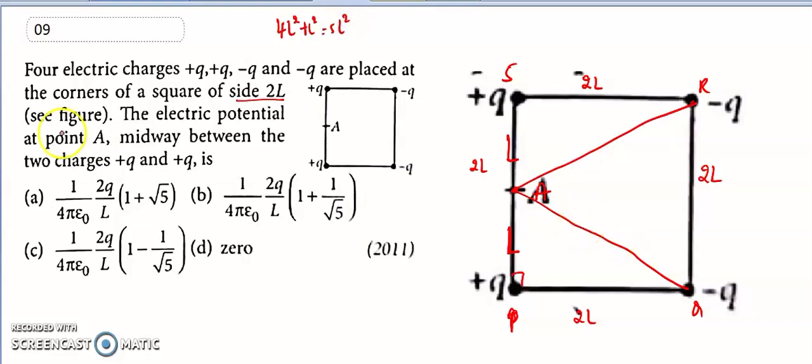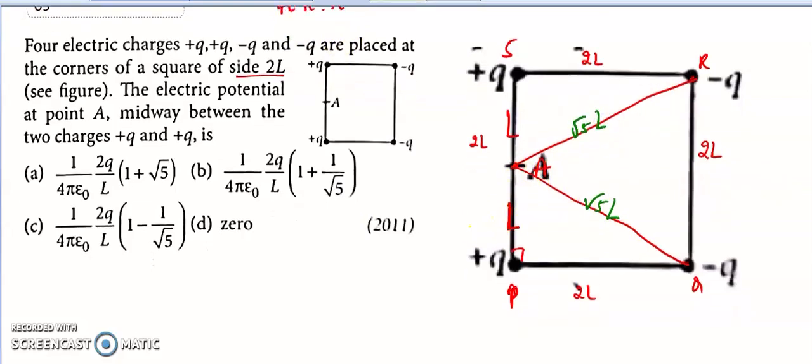That means this value is root 5L. So 2L square, 4L square plus L square, this one is also root 5L.